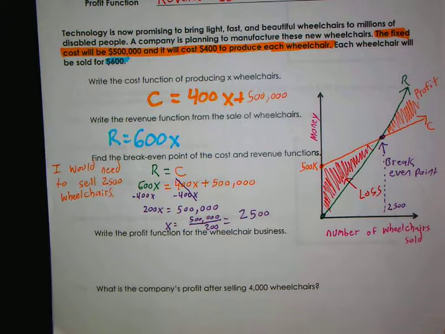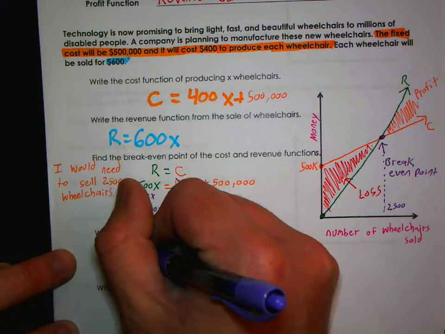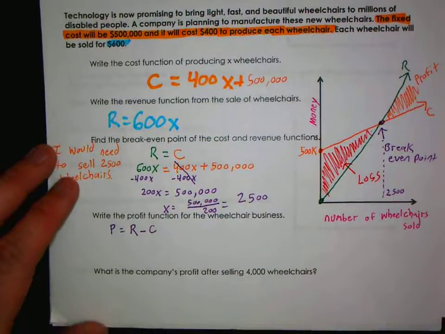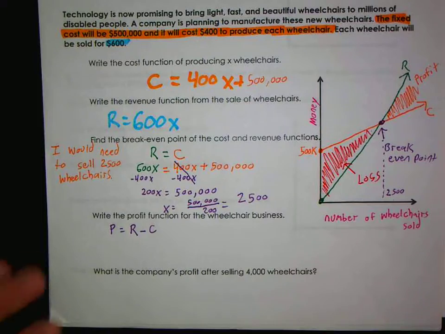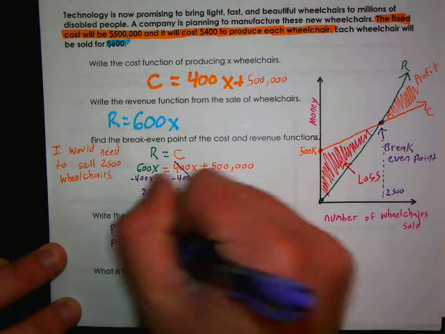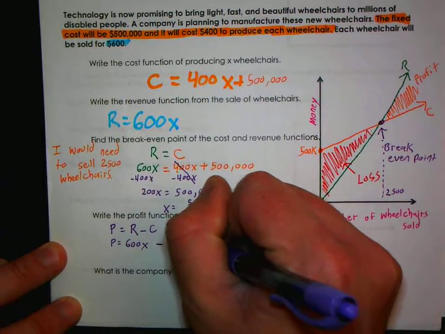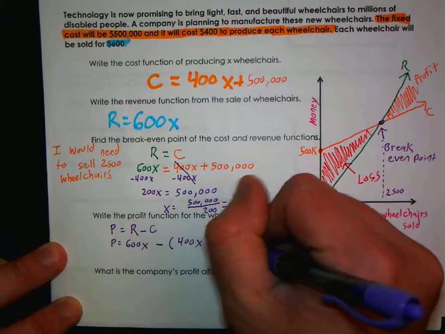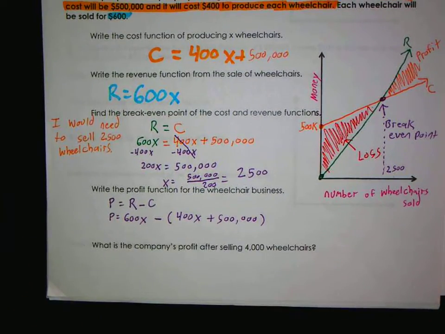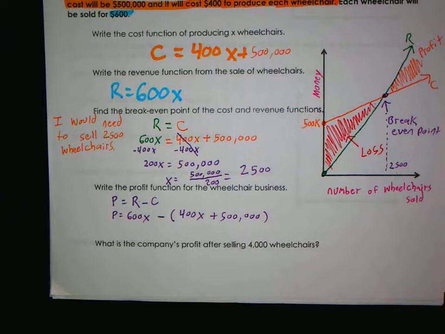Now profit, that's where you take your revenue minus your cost. My revenue is 600x. My cost is 400x plus 500,000. Sorry, I didn't use different colors this time. I usually do. But here's my revenue. Here's my cost. That's the profit function. Do some math.